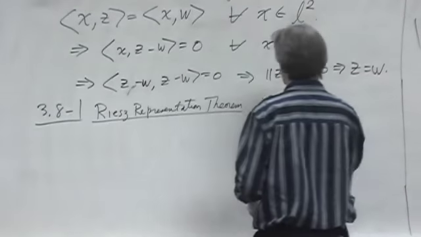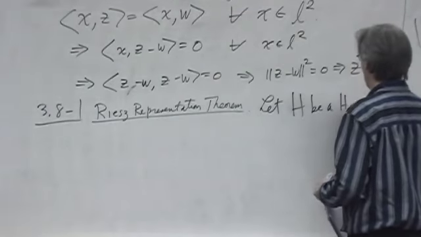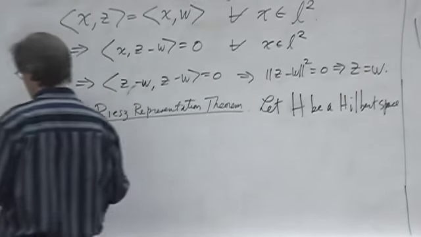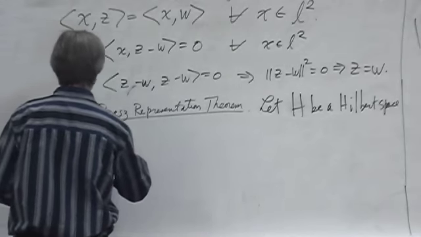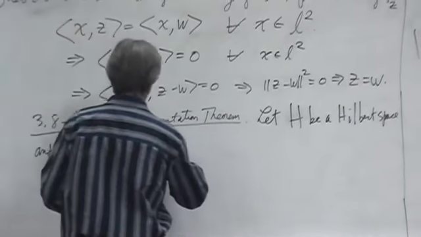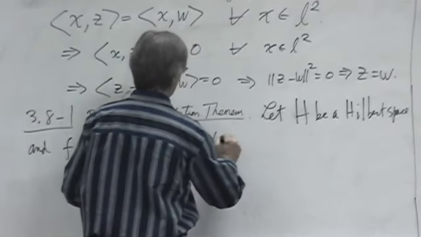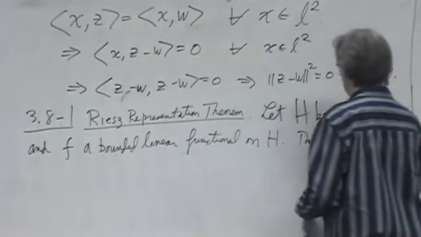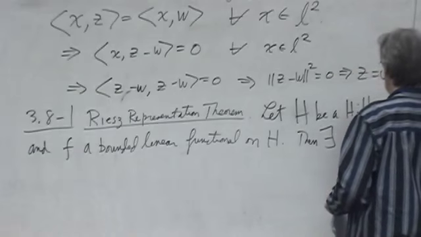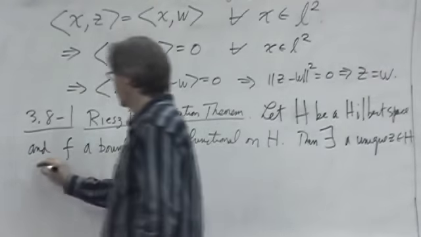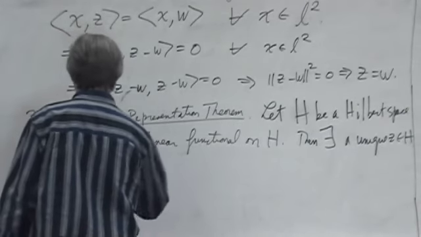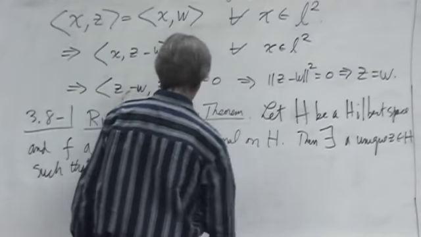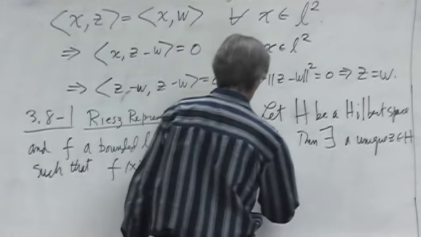Let H be a Hilbert space, and f a bounded linear functional on H. Then there exists a unique z in H such that f of x is equal to the inner product from H of x with z, x on the left side, z on the right side, for all x in H.